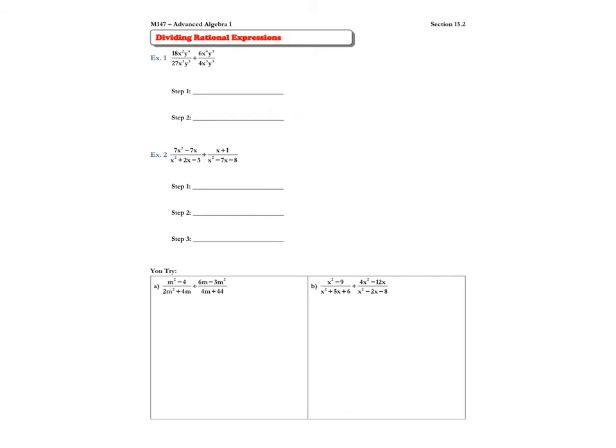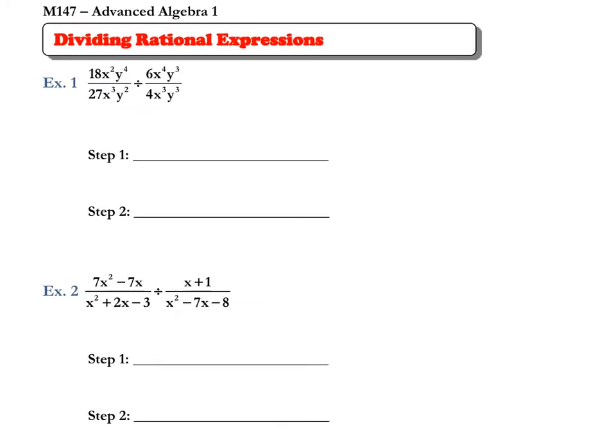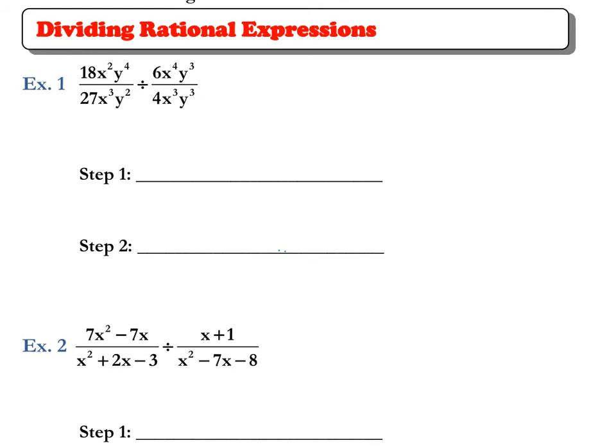All right. Last thing we need to talk about in this video is dividing rational expressions. Dividing rational expressions is just one extra layer, and we have to do the good old switch and flip.